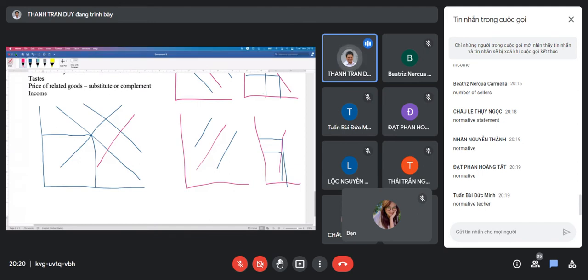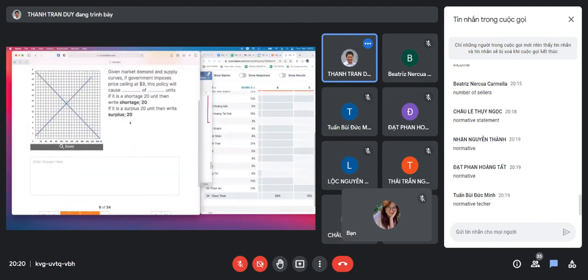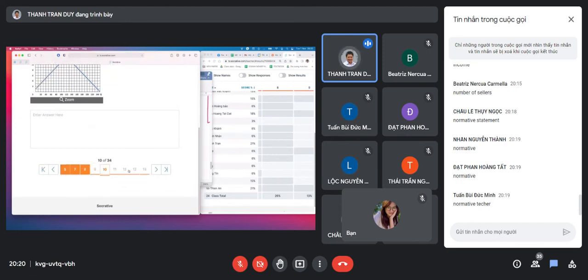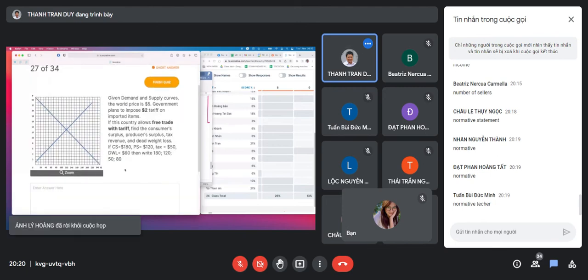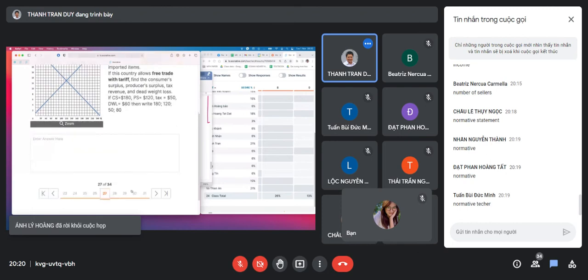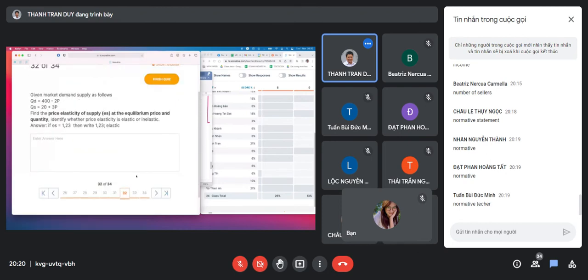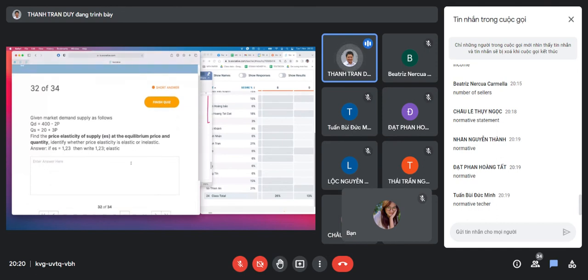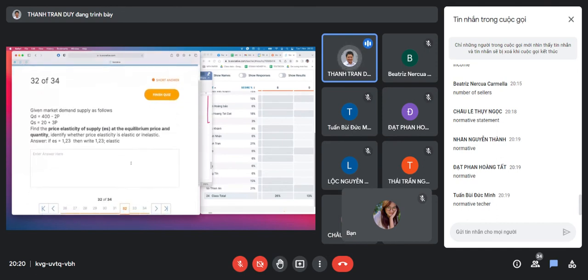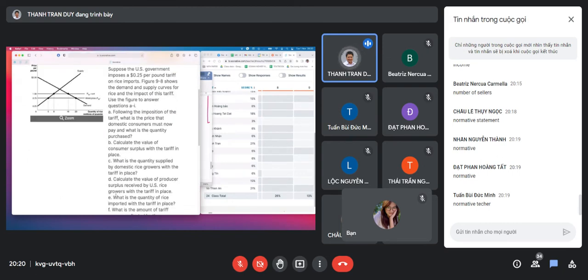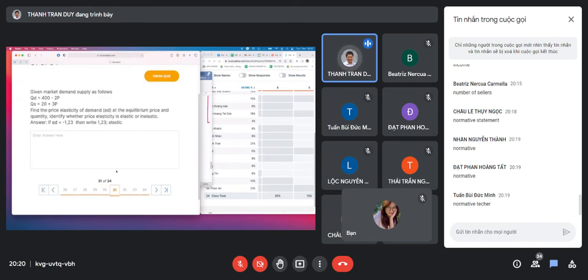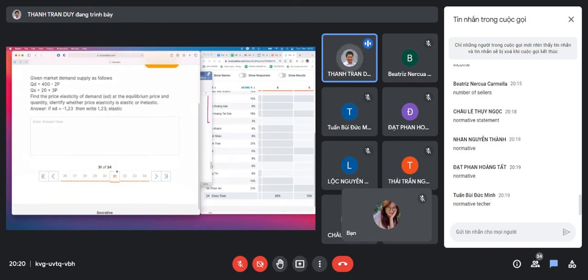Anyway, look at this one. Try to answer. Can you move to question 31 and answer this question?